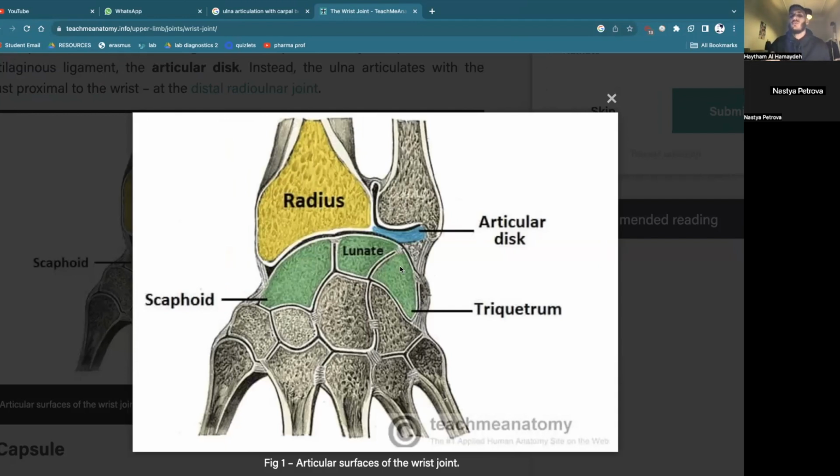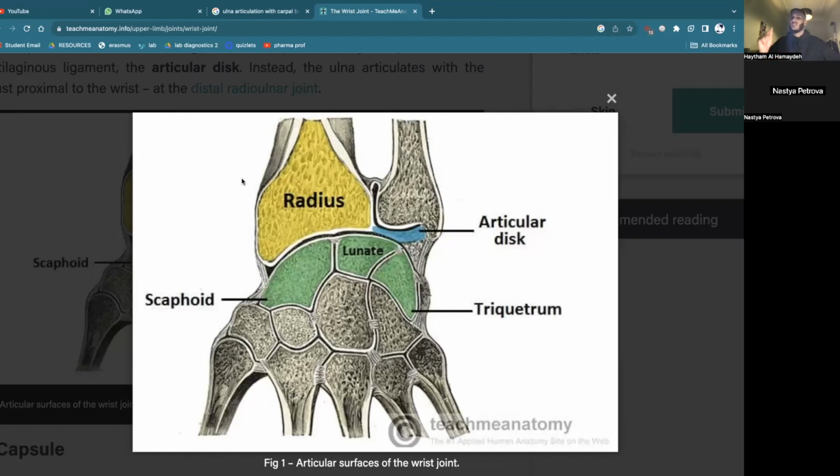So if he asks you, hopefully when you go to the tests, what bones of the carpal row does the radius articulate with? You know, scaphoid, lunate. What bones of the proximal carpal row does the ulna articulate with? Lunate, triquetrum. But you have to be careful and say it does not articulate directly with lunate and triquetrum.